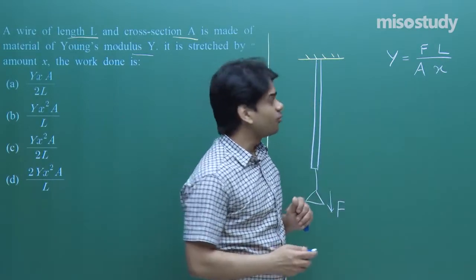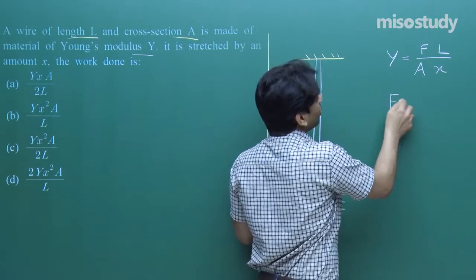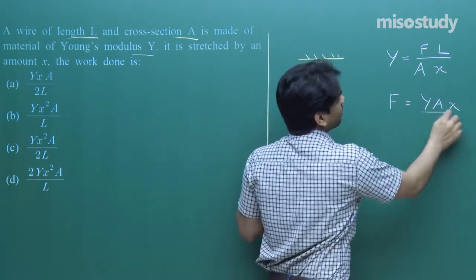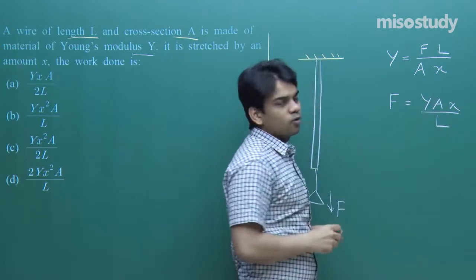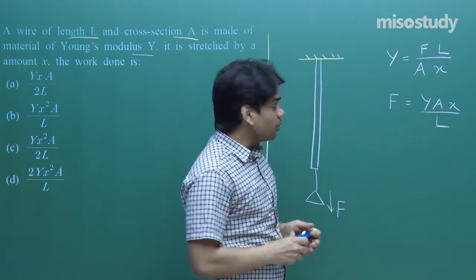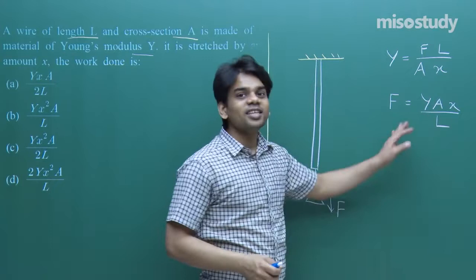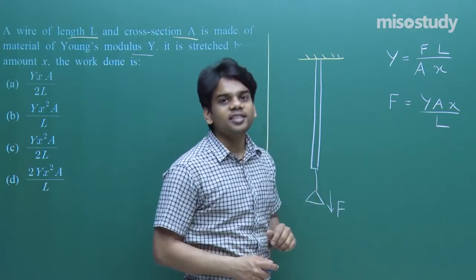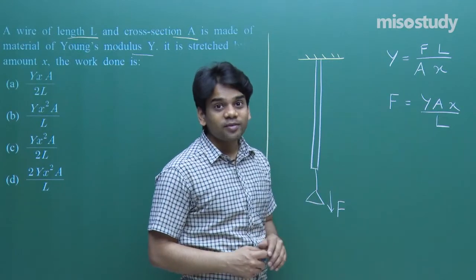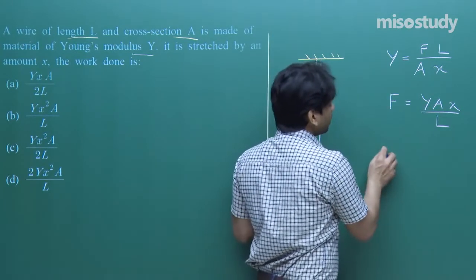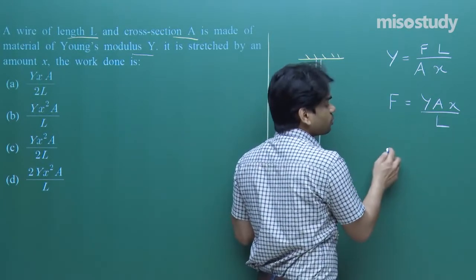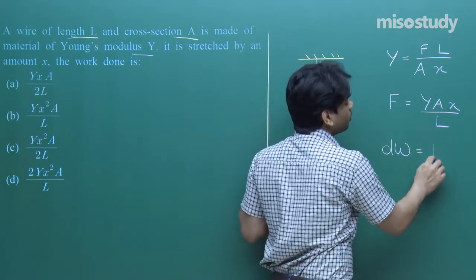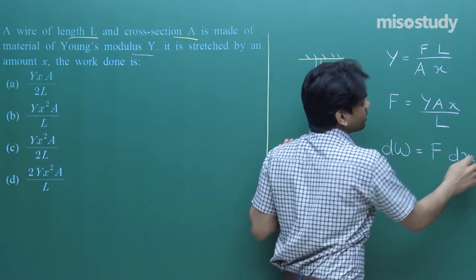Now the force will come out to be YAX divided by capital L. This will be the value of force. Now due to this force, when the extension in the wire is X, if a very small stretch dx in length occurs, the small work done dW will be equal to F dx.